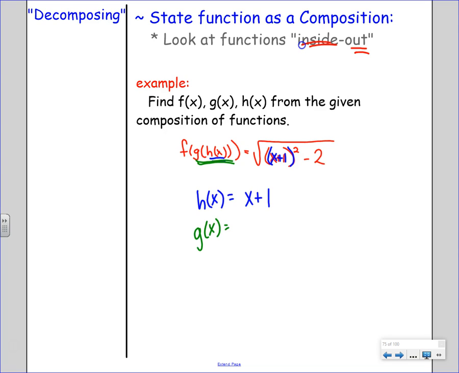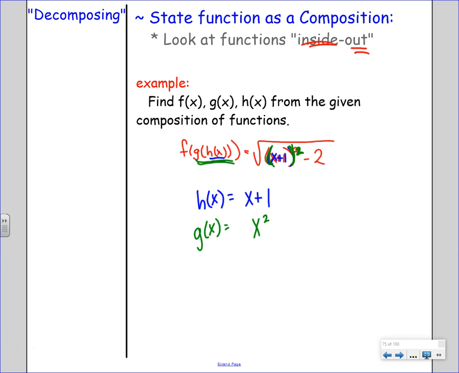Now some of you were like, well, I understand that it's being squared. And if you guys want to think about it, it's something squared. But we don't just say something. What's the argument we're supposed to use for g? So instead of just saying something squared, we're going to say, well, who is that something? Well, we're just going to call him an unknown x. Not the same x as that guy. That's the x that goes with h. This is the x that goes with g. But x plus 1 was plugged into a squared.